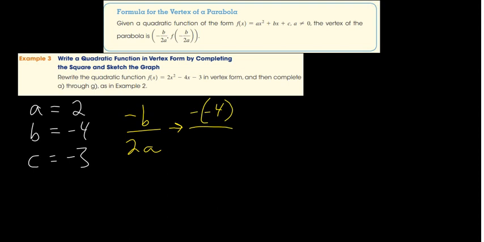Over 2a, so 2 times 2. Negative 4 becomes a positive 4. Positive 4 over 2 times 2 is 4 over 4, which is just 1. So this tells me right away that the x coordinate is going to be 1.